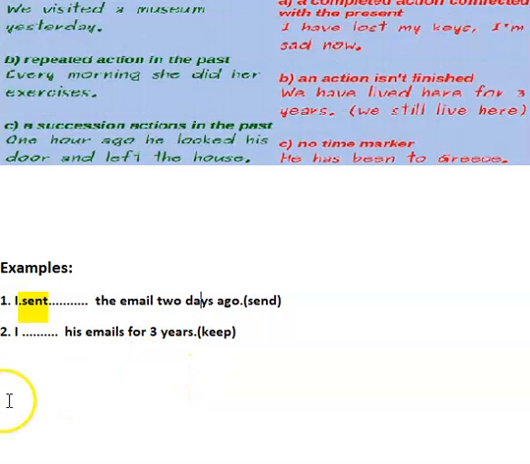Now which form am I going to use? Have or has? Since I have the subject I, I need to put have. Okay, so have. And since we have the verb keep, I have to use verb 3, so I'm going to use the correct form of verb 3, which is kept. I have kept. Okay, so these are some examples.